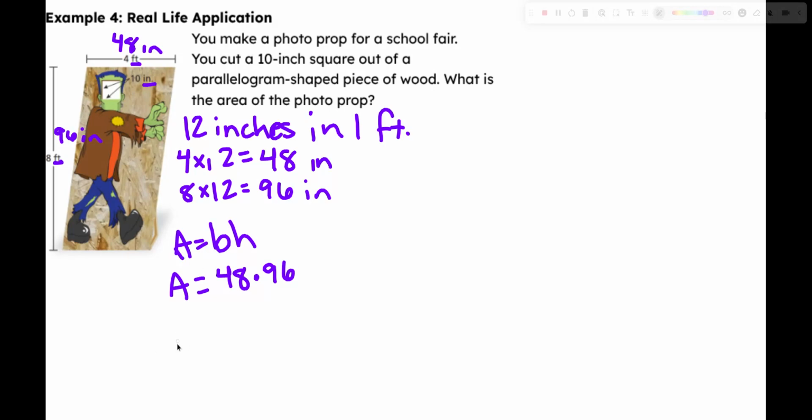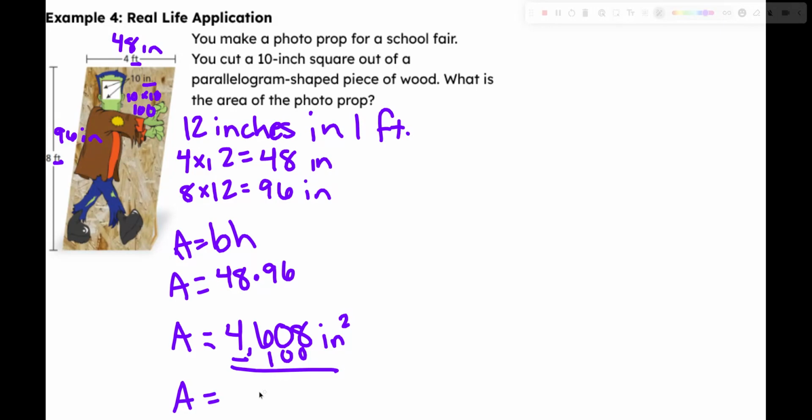So 48 times 96 is 4,608 inches squared. Then I'm going to take the area of this little piece. That little piece is 10 times 10, which is 100. So I'm going to subtract 100 from here and get that the area with the missing piece is 4,508 inches squared.